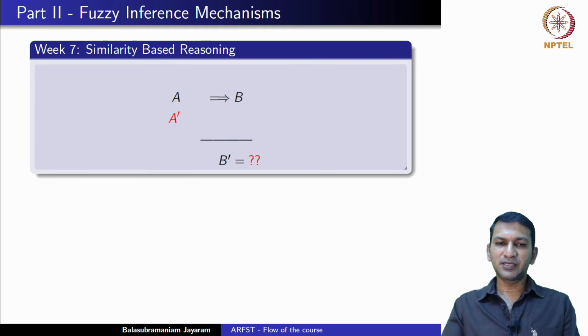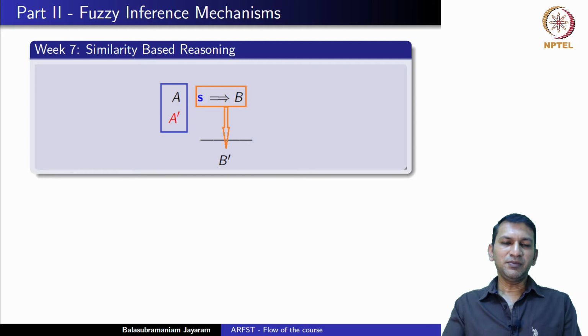In similarity-based reasoning, as against coming up with a relation from the piece of knowledge, what we do is take the input A dash and try to see the similarity between A dash and the antecedent of the rule A. So we find the similarity between A dash and A, take that similarity value S, and modify the consequent B using this to obtain the B dash.